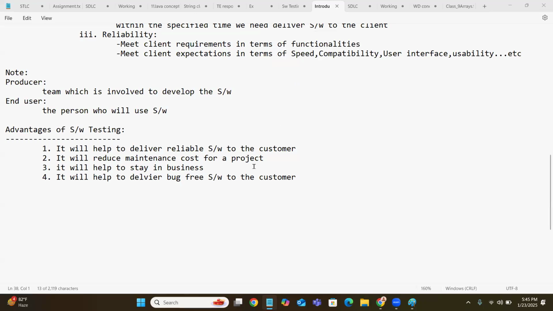These are the topics I explained yesterday. Today we are going to discuss what is software testing, and its advantages.